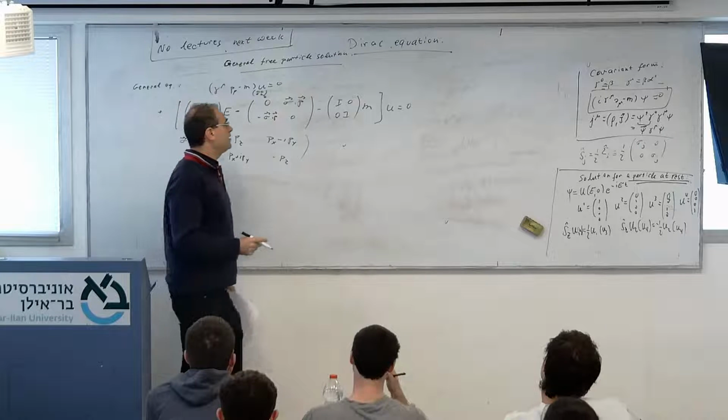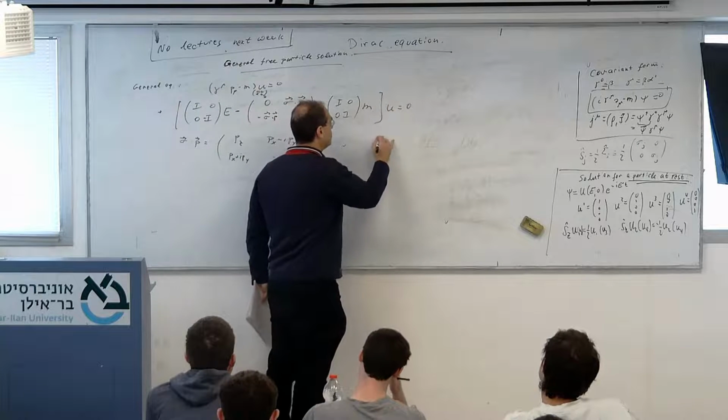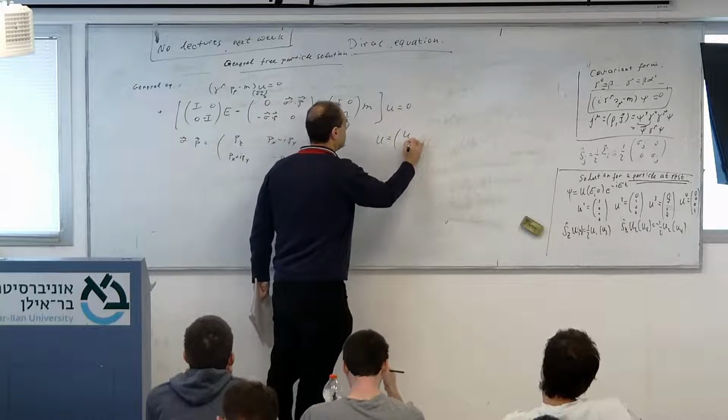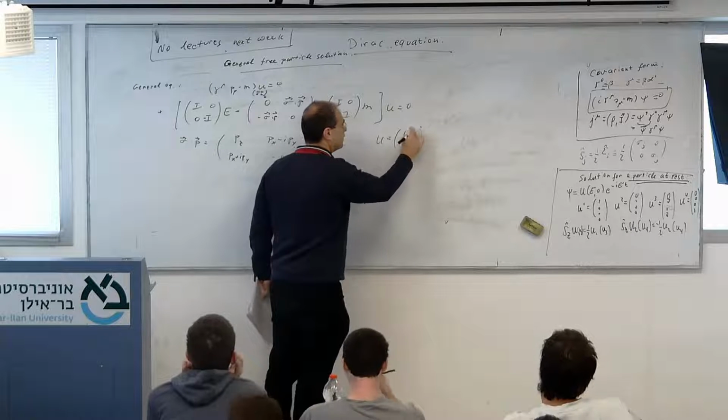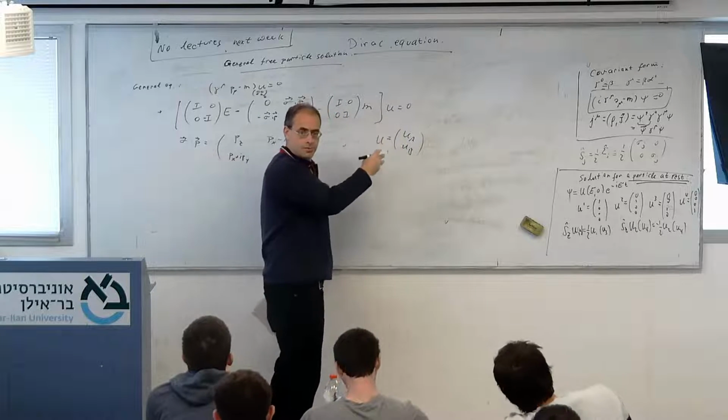So again, if I expand U in terms of 2 spinors, U would be UA, UB. Again, each of these is a 2 spinor.